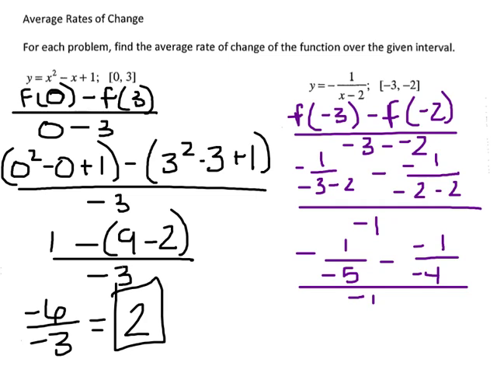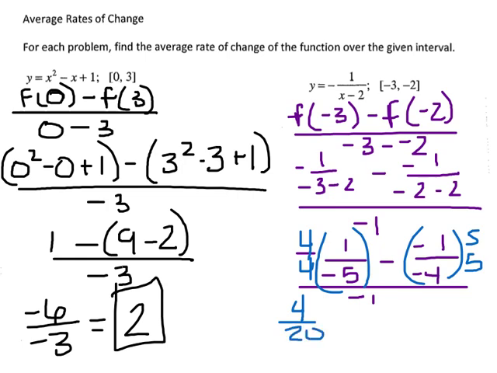So I'm going to go ahead and give them common denominators here. We can multiply this one by 4 over 4, multiply this one by 5 over 5, and we will get, a negative makes a positive, so 4 over 20 minus 5 over 20. Again, that negative made a positive.